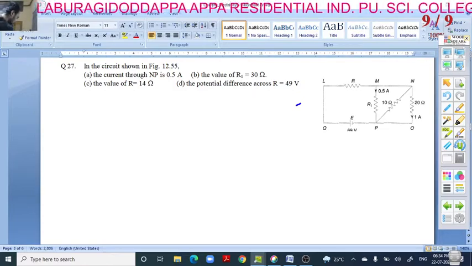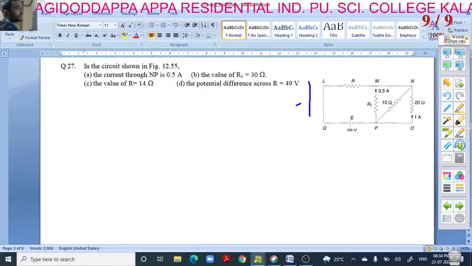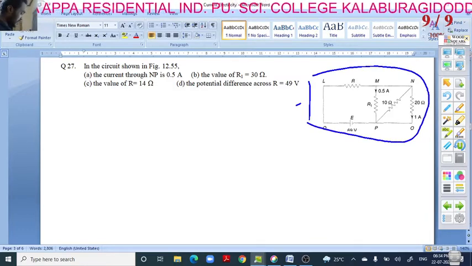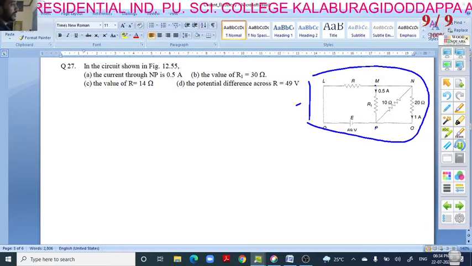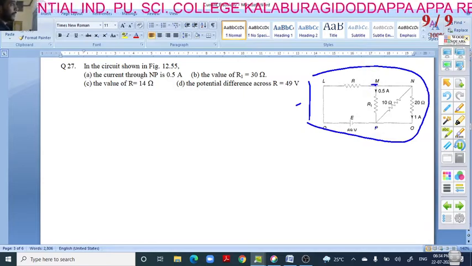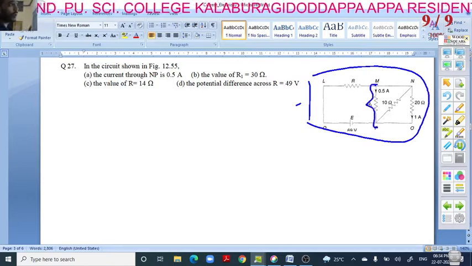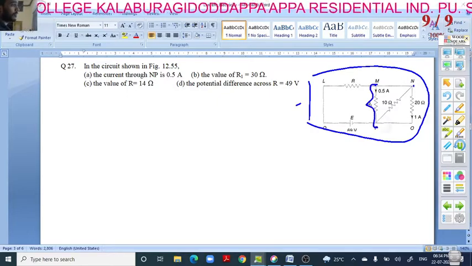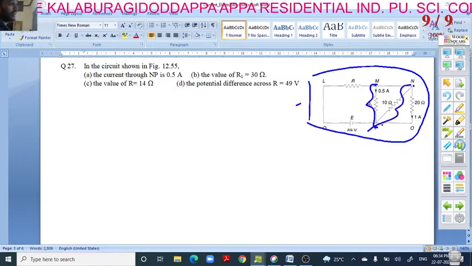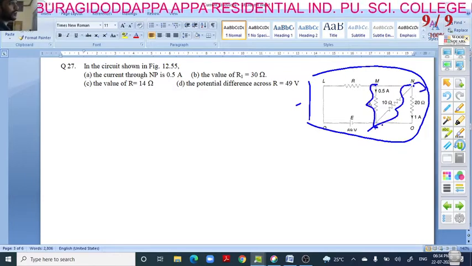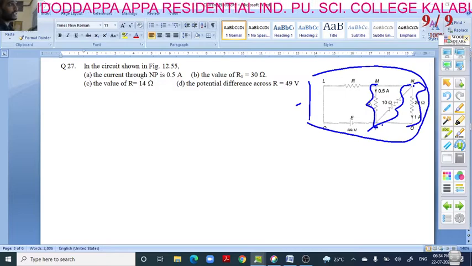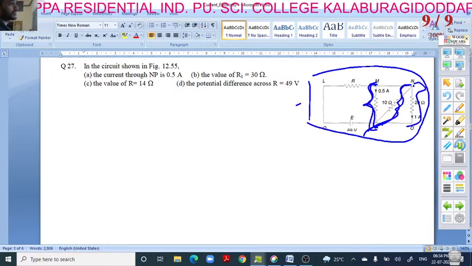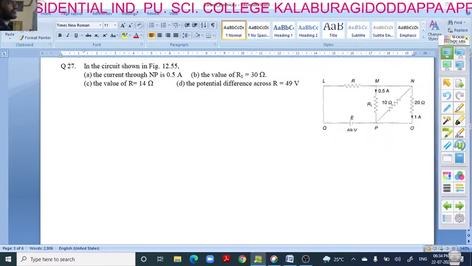Okay. See, just to observe this figure, here potential difference across MP is equal to potential difference across NP, and that is equal to potential difference across ON. See, potential difference across these three resistors are equal here.